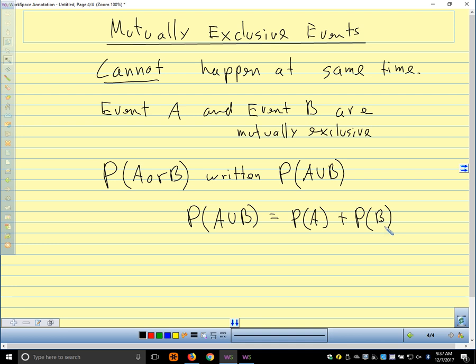And the way I think of it is, if we have an OR probability, this or that, it's addition. OR probability is addition.